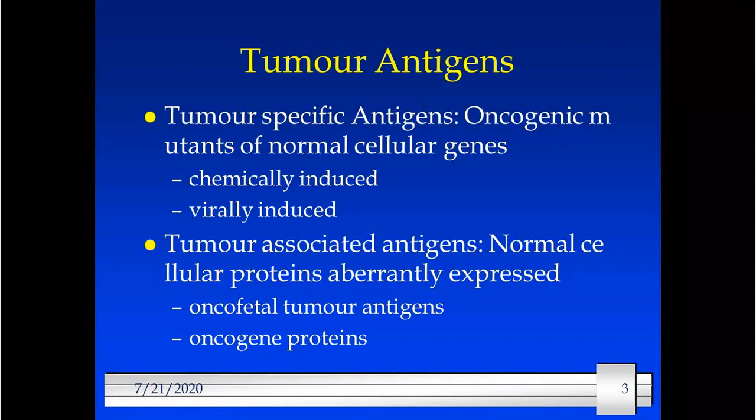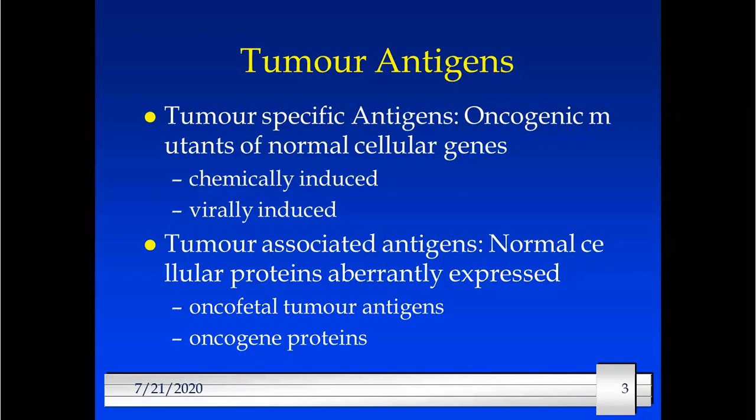Some examples are oncofetal tumor antigens, such as alpha fetoprotein and human chorionic gonadotrophin, and also we have the oncogene proteins, and also some hormones and hormone receptors, growth receptors, certain antibodies.